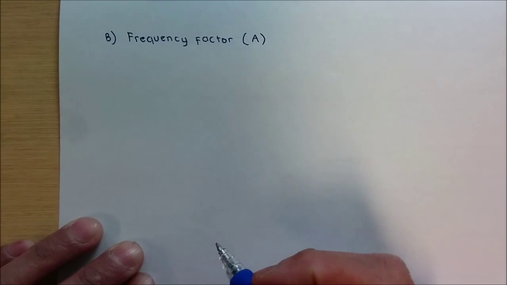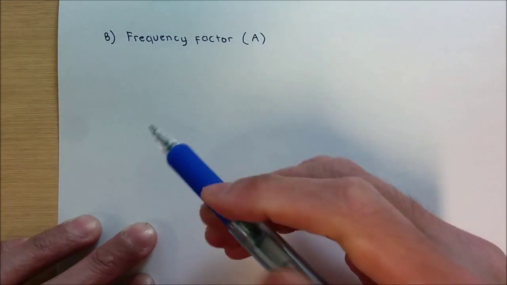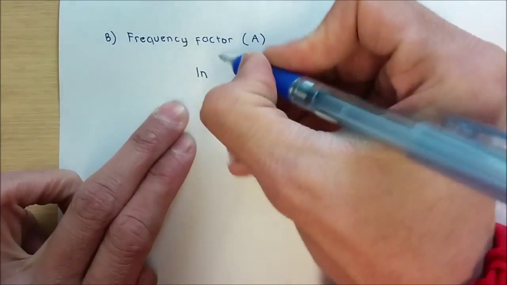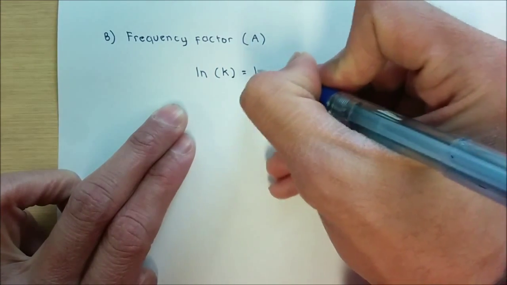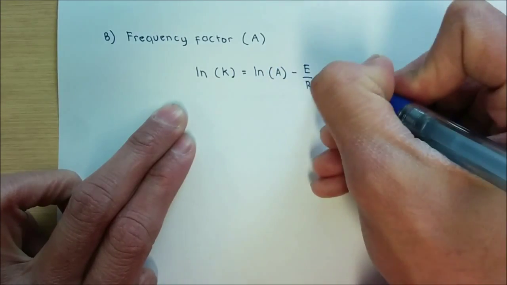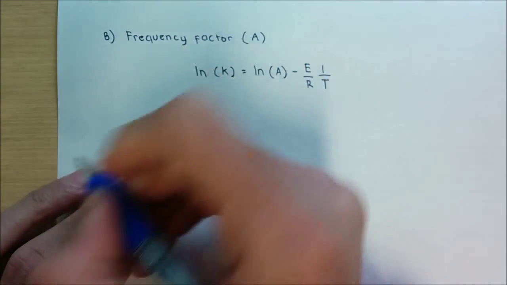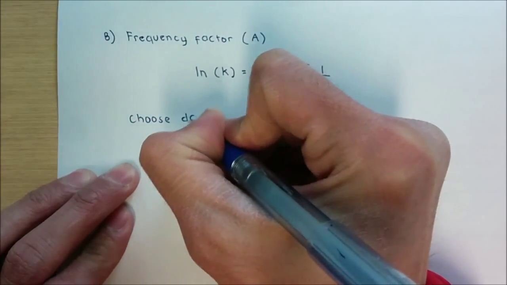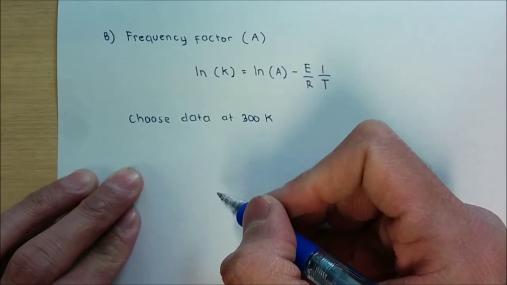As soon as we get the activation energy, now we can calculate the frequency factor, or A. Again, we can use the same formula, which is ln k equal to ln A minus E over R multiplied by 1 over T. We can choose any point, for example, the data at 300 Kelvin.